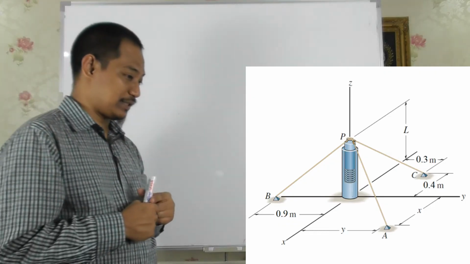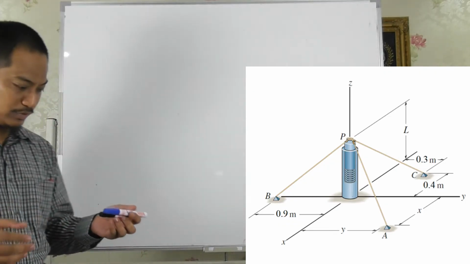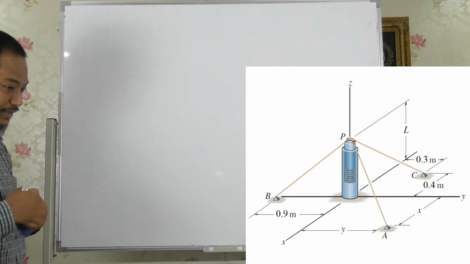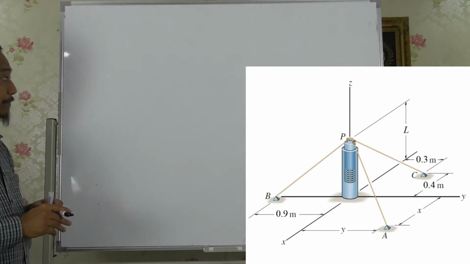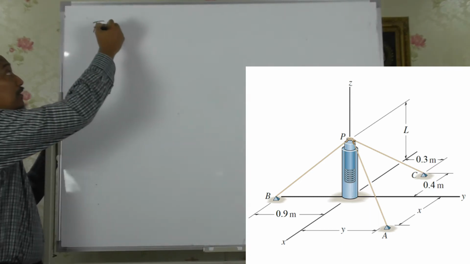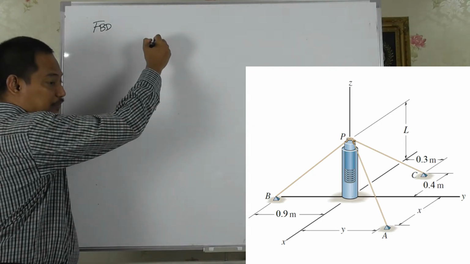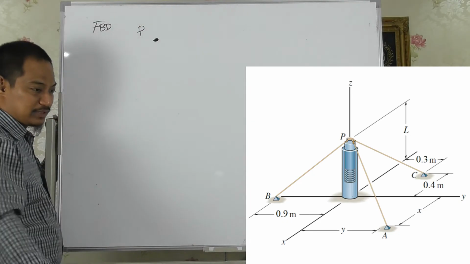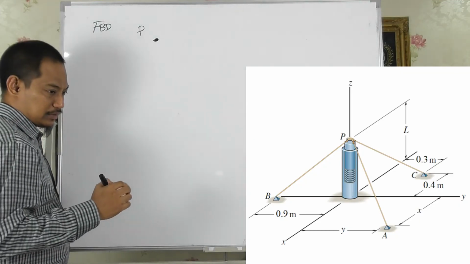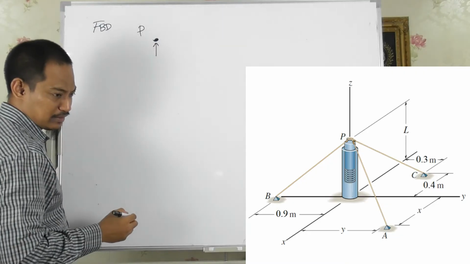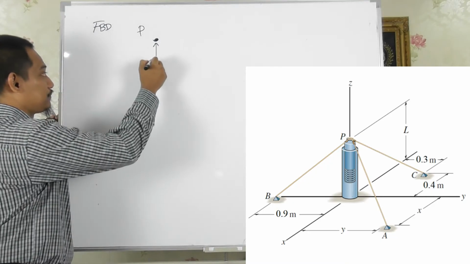Let's go for question part A. The question already gives a certain value, right? So if you do the free body diagram of point P, we start with the free body diagram. Have point P, right? So at point P, the question already states that the spring is pushing it up with a certain value, which is 80 Newton.